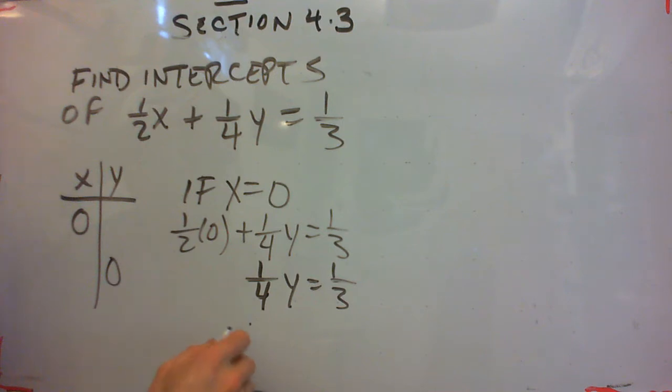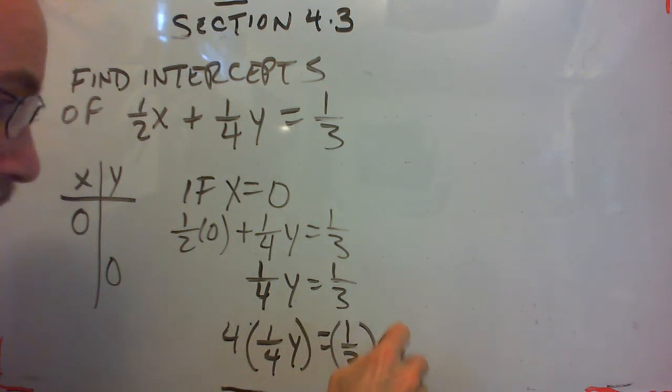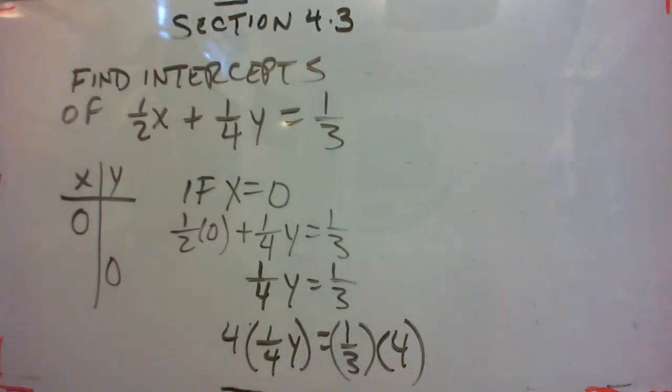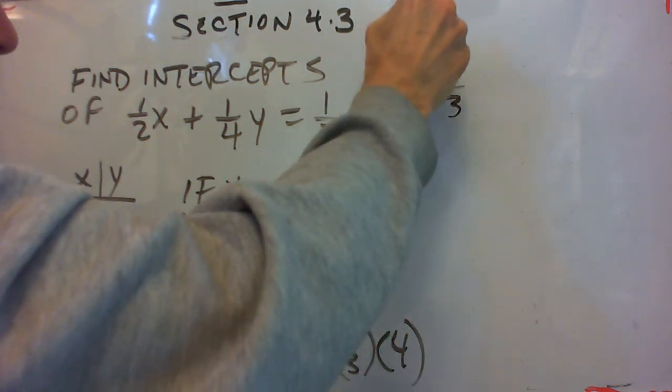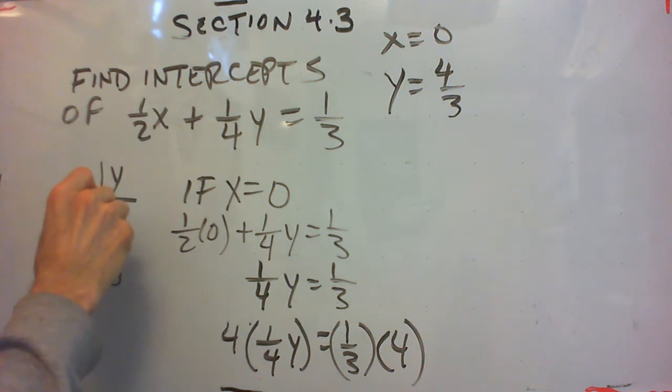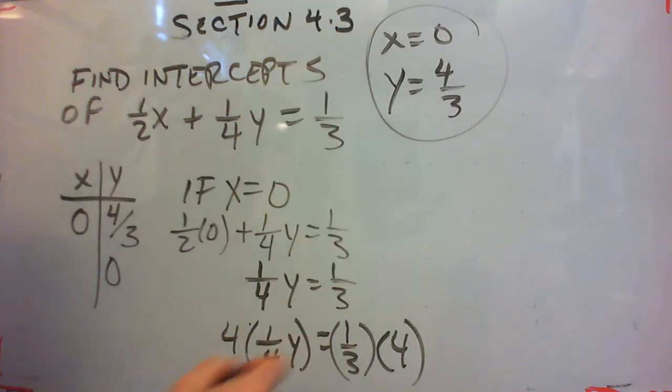And we solve for y by multiplying both sides by 4. And that cancels out the 1/4. And we have y equals 4/3 when x is 0. So that's one of the intercepts.